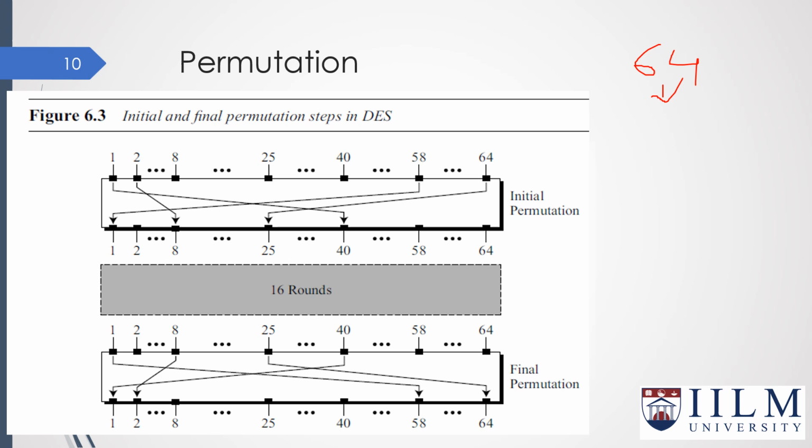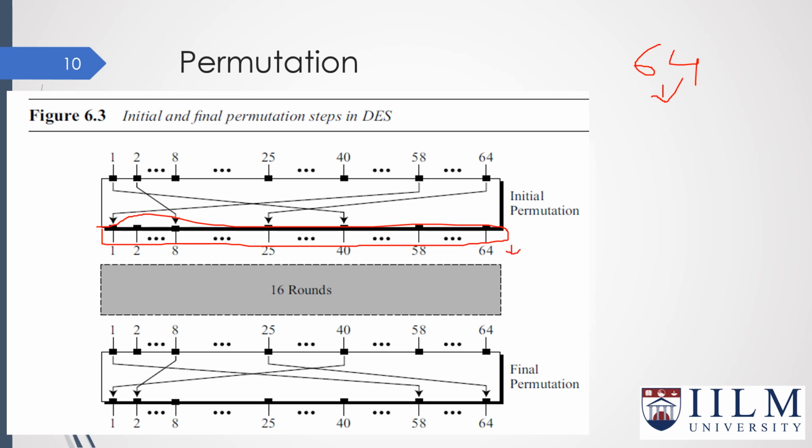Permutation means the positions will be changed. So the first bit will be at position 40, the 58th will be first, and the 64th will be at 25. After this permutation, this is the sequence of bits, where the first bit is the 58th bit, and this is input to round 1.